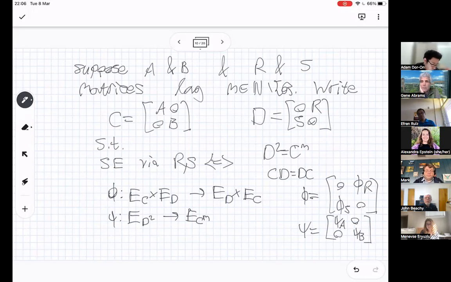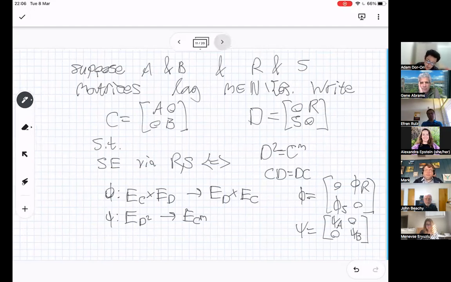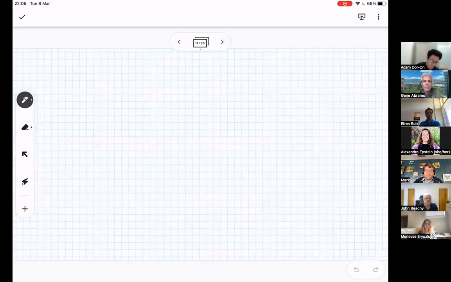Okay. And so our next definition comes from the following question. Suppose you have a shift equivalence between 2 adjacency matrices. Can you represent that shift equivalence in terms of bounded operators on Hilbert space? That's a very natural question. So here is what I mean more precisely.